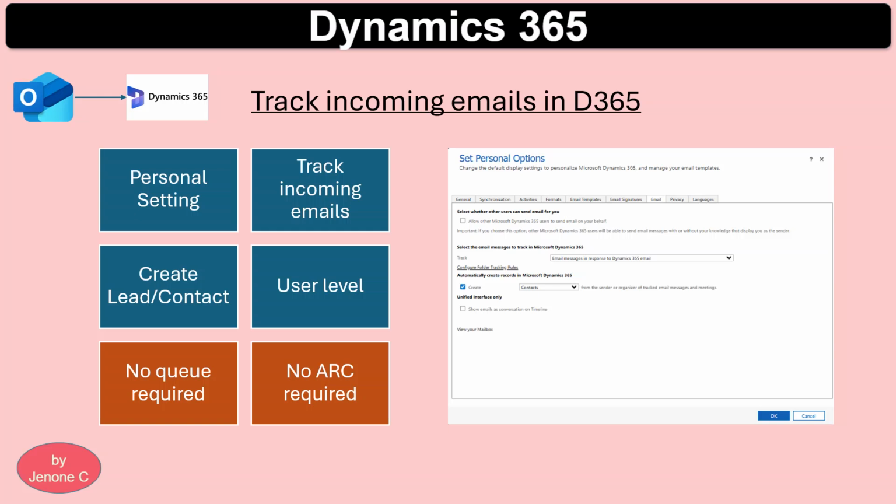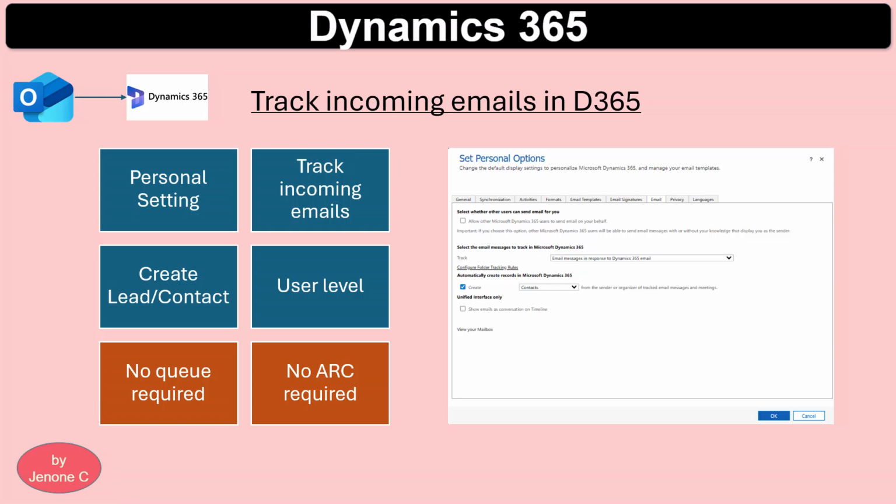In addition to email tracking, there is an option to create a new lead or new contact whenever an email is received from a new customer. And all these things can be done from the user's personal setting, as I said earlier.